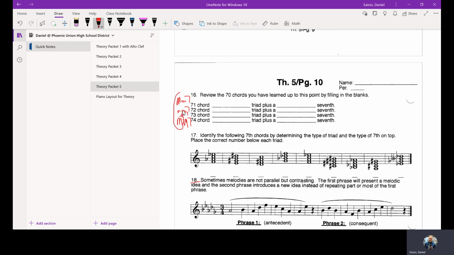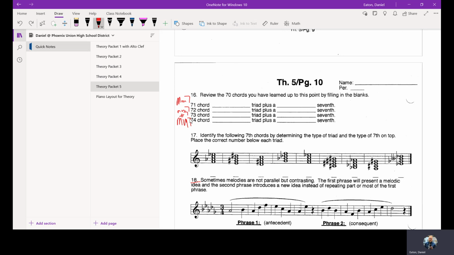This tells you the triad. This tells you the 7th. The only one that you can't directly figure out is the 7-3 chord, just because it doesn't give you the major minor part of it. But for the other 3, it's literally telling you the answer. What kind of triad is this? Major. What kind of 7th is it? Minor. What kind of triad is this?